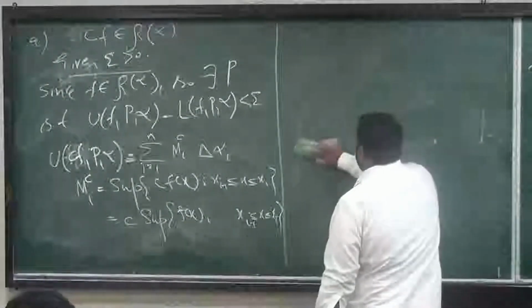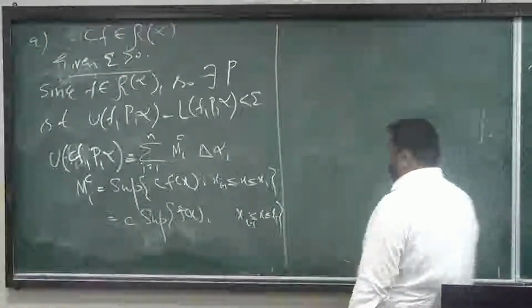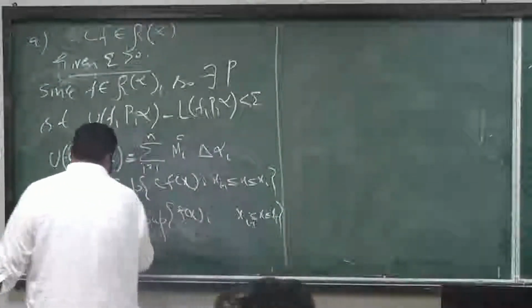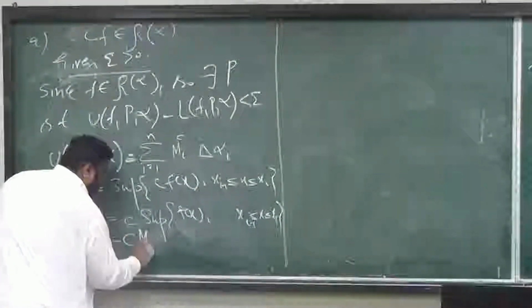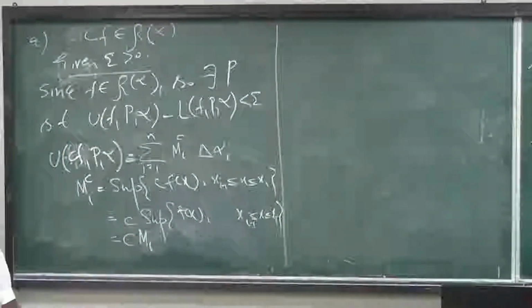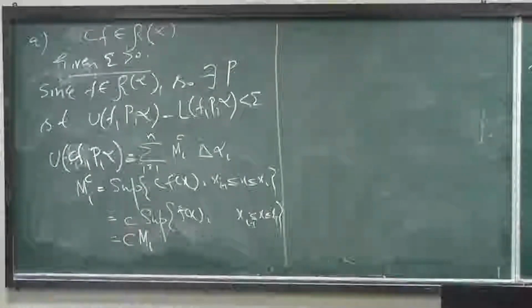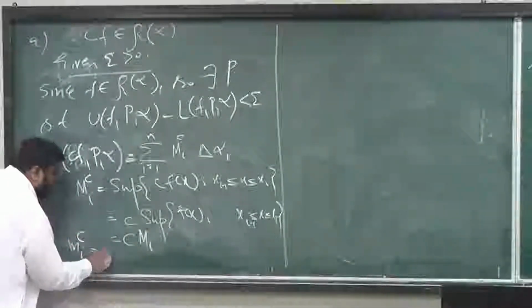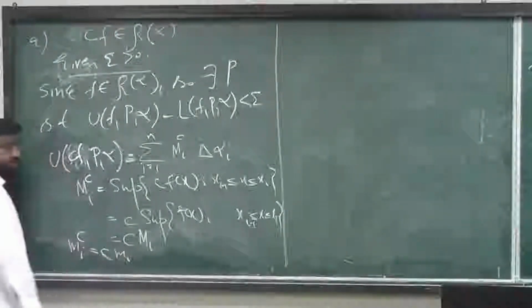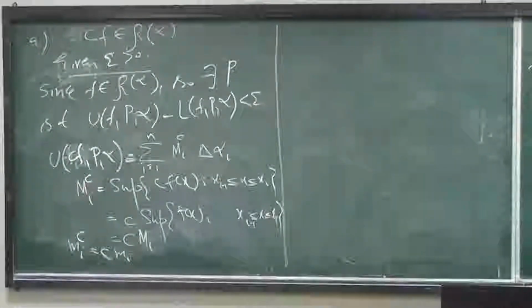For an exercise actually. So if this is the case, then what does this become? This is C times M_i. And similarly, I can show that m_i C is C times m_i.